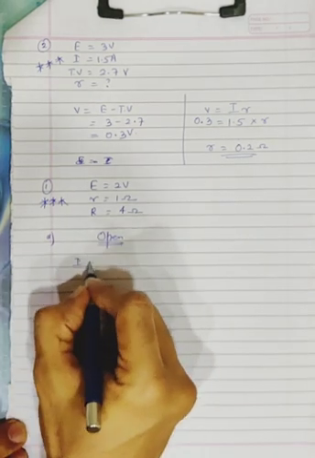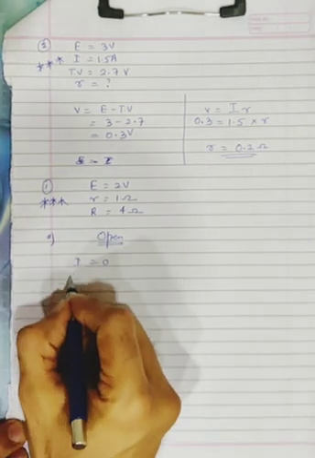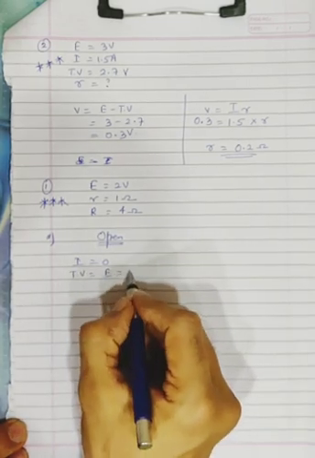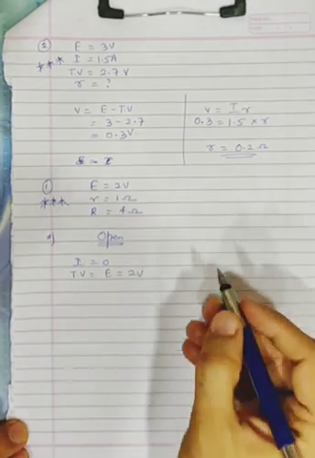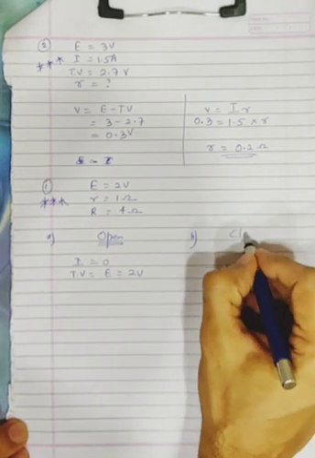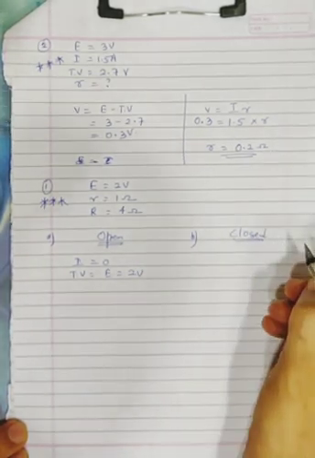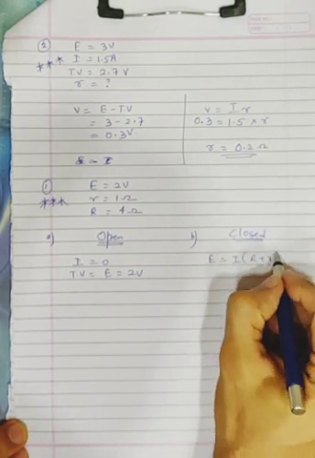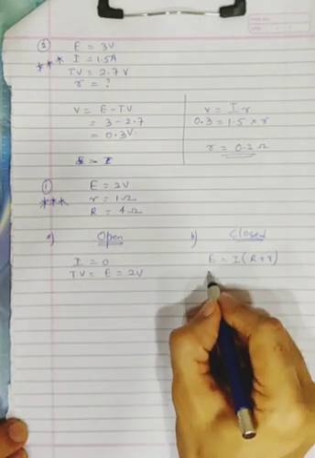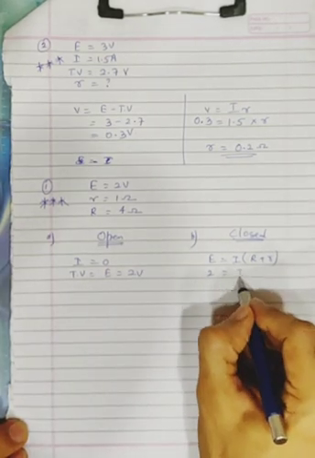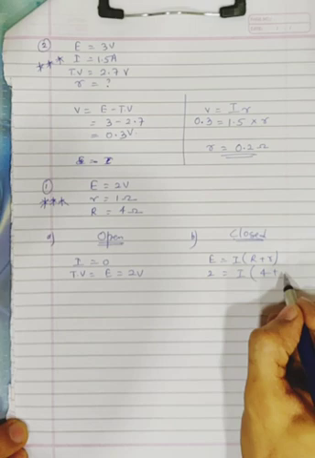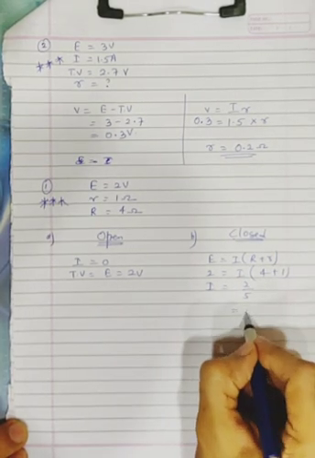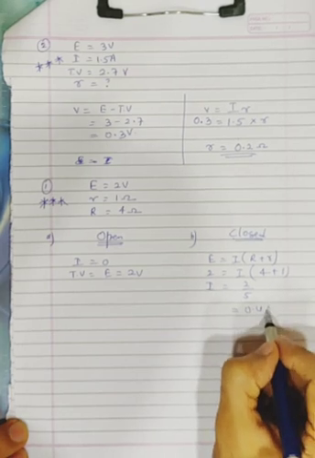So if it's open, we know current will be 0 and your terminal voltage will be equal to your EMF, which is equal to 2 volts. But now what if the circuit is closed? So if it is closed, use the formula E is equal to I, big R plus small r. EMF is 2, I we don't know, big R is 4, small r is 1. So I is equal to 2 upon 5, 0.4 ampere.